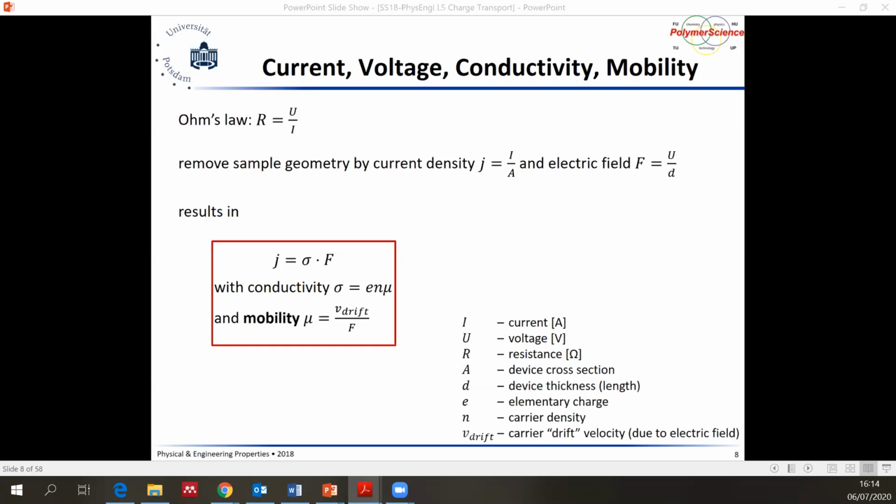And this is often the case for, for instance, diamond, which has extremely large carrier mobility.